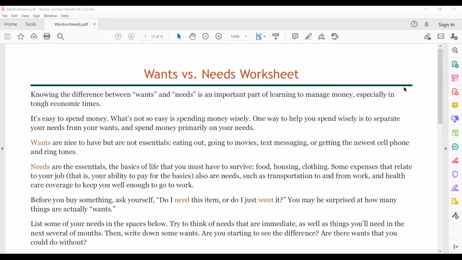And it's related to scarcity. This whole idea of what we want and what we need. And a misunderstanding or a lack of understanding about these concepts sometimes gets people into a lot of economic trouble.